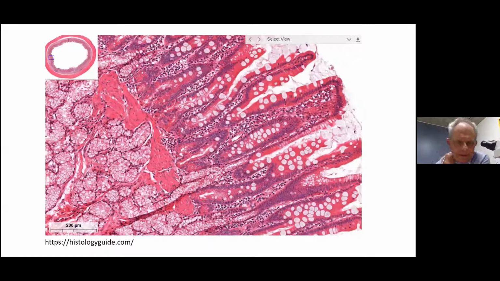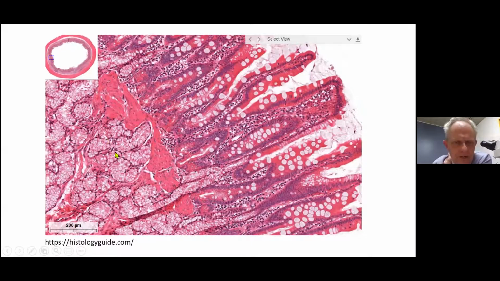And I think just to show you the normal histology. What we look for in the duodenum, histologically speaking, the important thing to diagnose duodenal tissue is the presence of Brunner's glands.